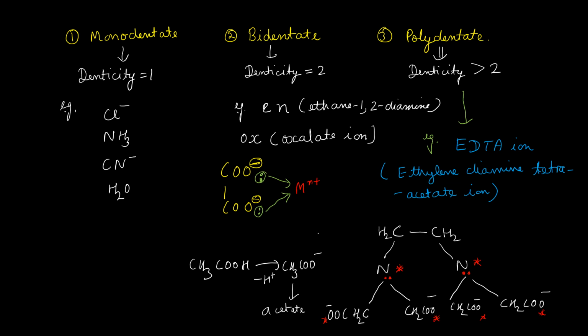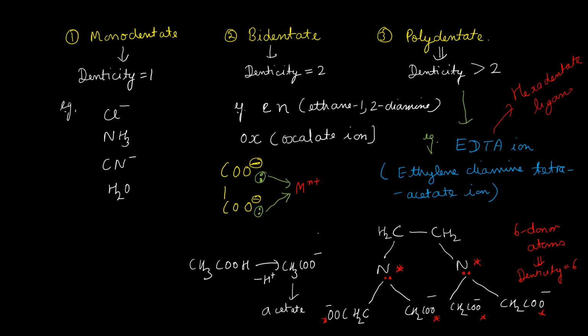It means how many donor atoms are there? 6 donor atoms are there, 2 nitrogen and 4 oxygen. And all these 6 donor atoms are involved in bonding at a time. So its denticity will be 6, and that's why this EDTA is called a hexadentate ligand.